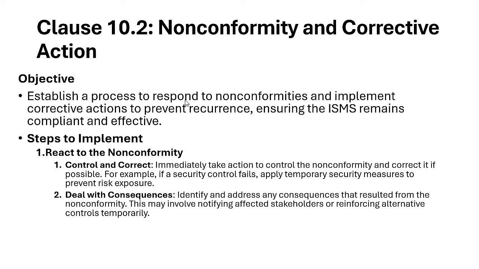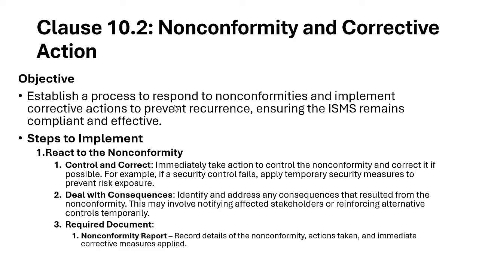If any security control has failed, we have to apply a temporary security measure, or we need to identify the consequences. So we need one required document called a non-conformity report, which records the details of the non-conformity. This is the non-conformity, this is the action that has been taken, these are the immediate corrective measures that we have applied.